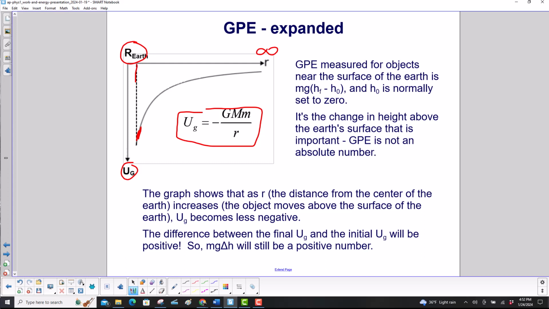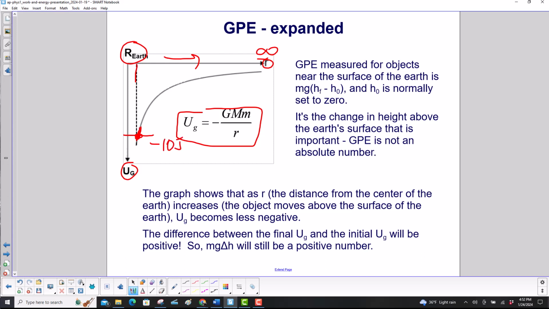The graph shows that as r, this is r, increases, the distance from the center of the Earth increases, the object moves above the surface of the Earth. Ug, the potential energy, will be less negative. So for example, let's just give a number. That's going to be, let's just say, minus 10 joules.